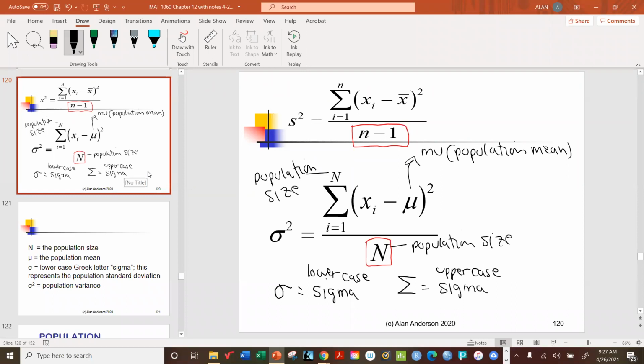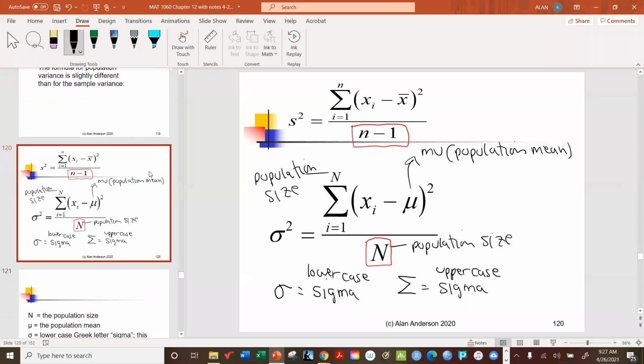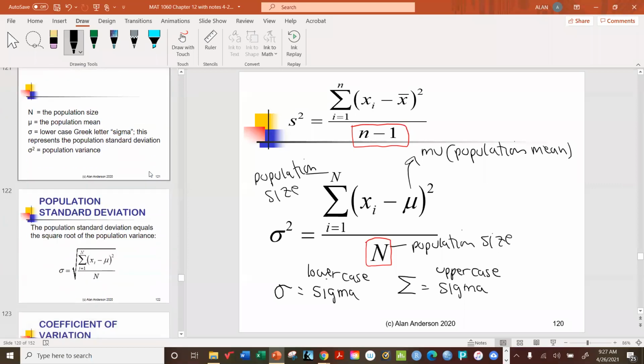Now, of course, the relationship between the variance and the standard deviation is the same here as it was for the samples.